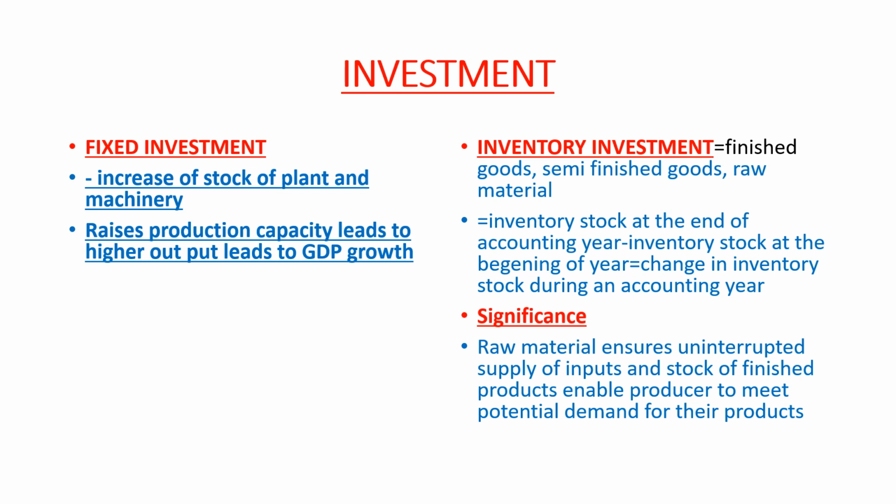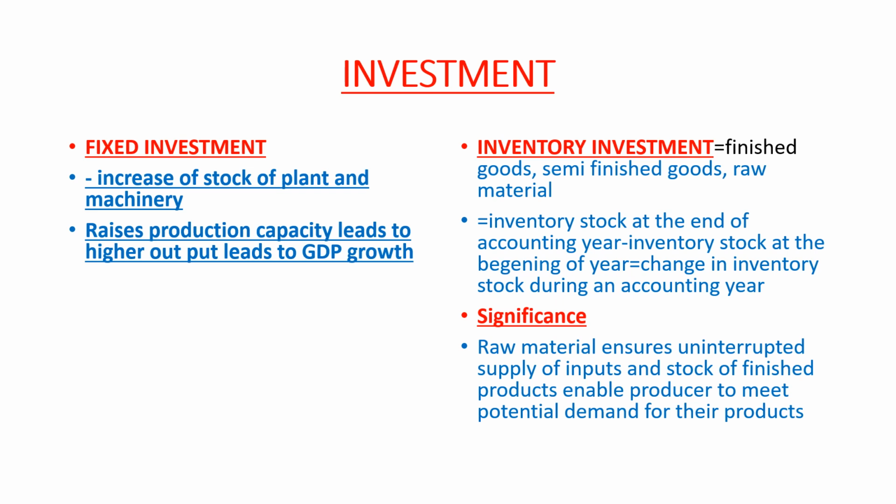Inventory investment means finished goods, semi-finished goods and raw material. So inventory stock can also be calculated by inventory stock at the end of the year minus inventory stock at the beginning of the year. This way we can calculate.